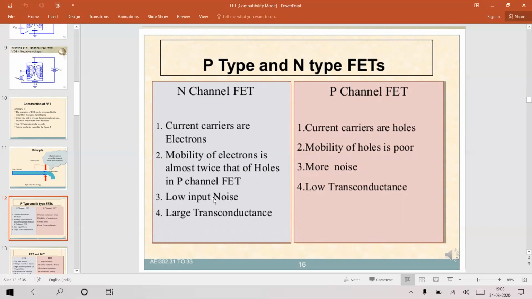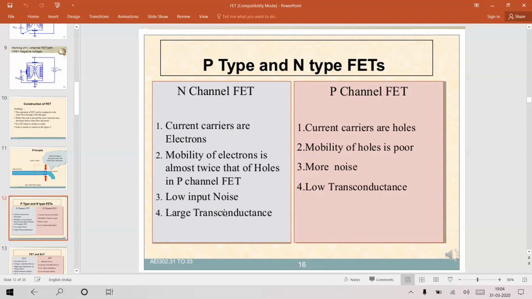This N-channel FET has less noise compared to P-channel, and it has large transconductance. Transconductance is a very important parameter to describe the speed or the response of this FET. Even in MOSFET, we can define this transconductance.